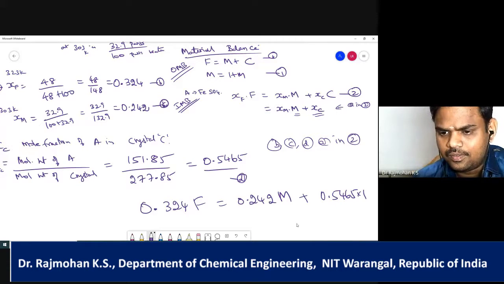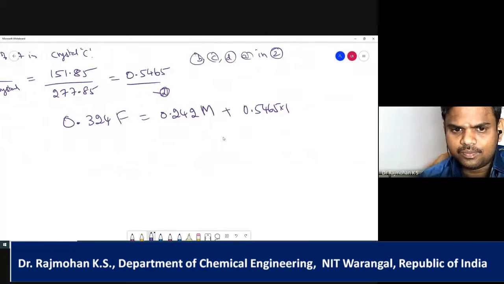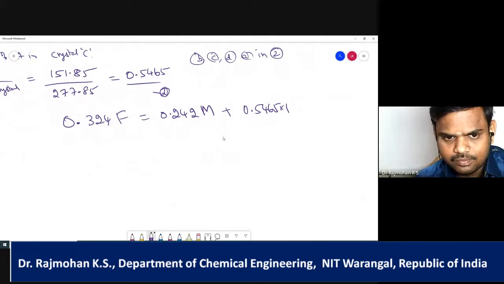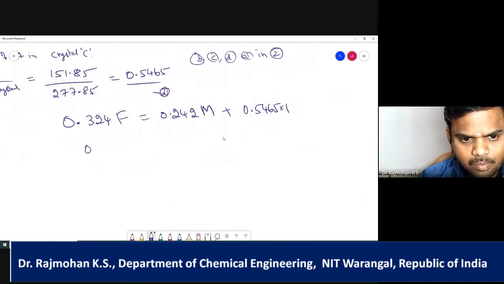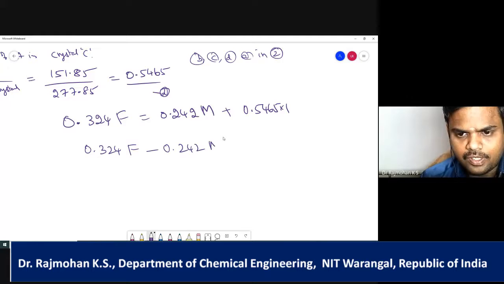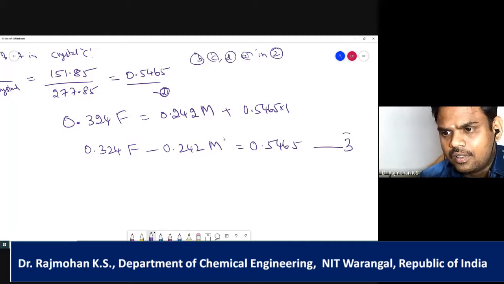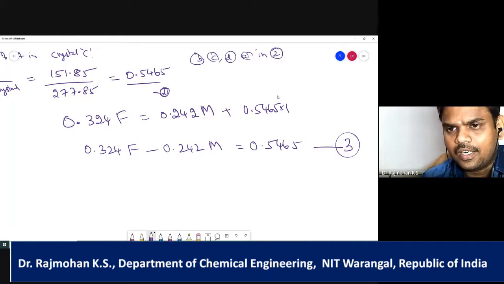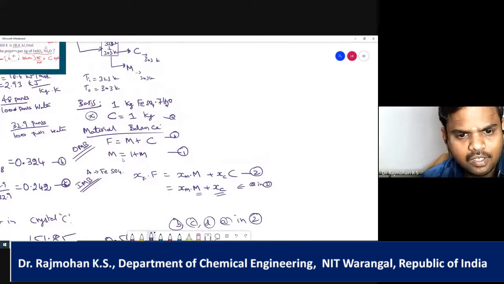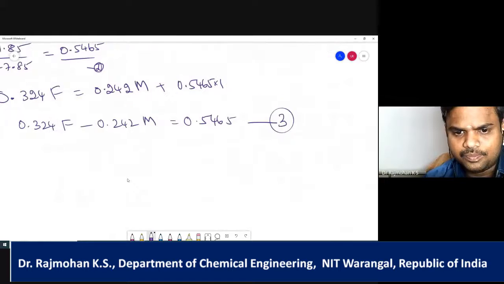We can simplify this equation: 0.324 into F minus 0.242 into M is equal to 0.5465. Let it be equation number 3. But already we have one more equation, F equal to 1 plus M.